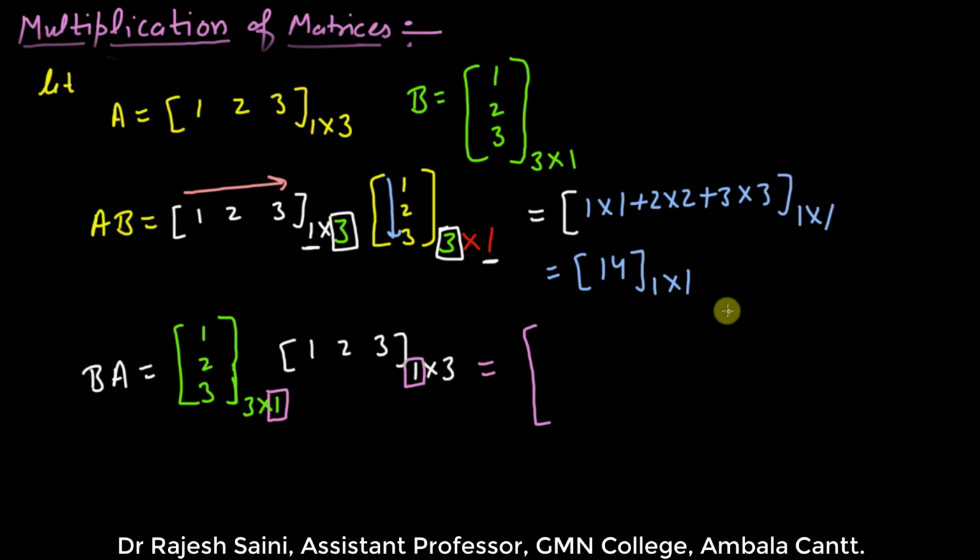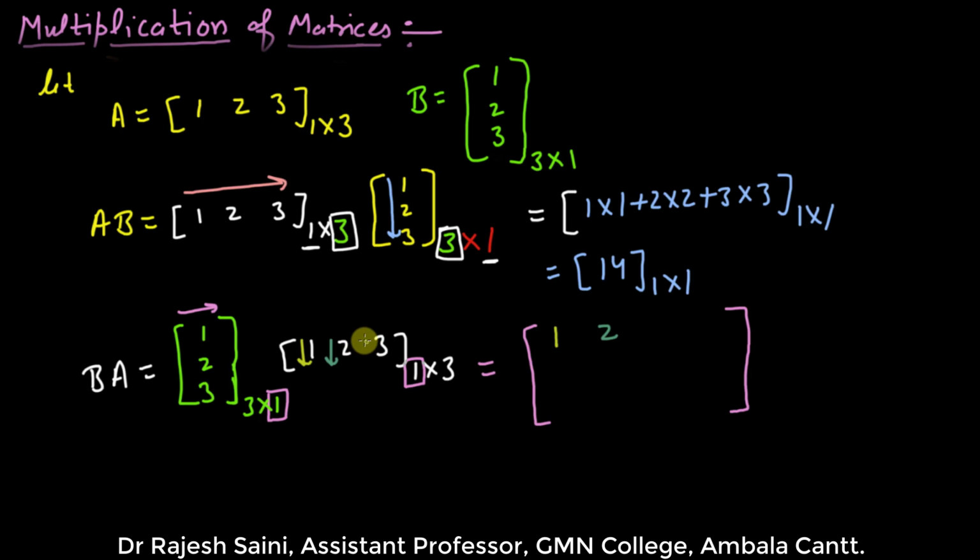So let me form the larger matrix. It will have 9 entries. First entry, first row, first column: 1 into 1 is 1. Now first row, second column: 1 into 2 is 2.